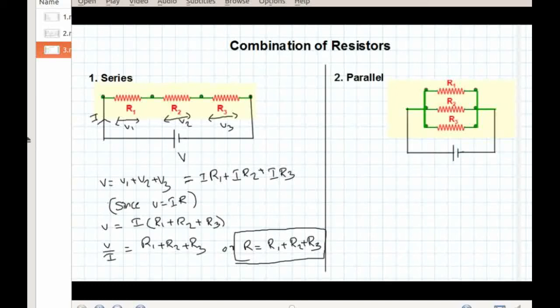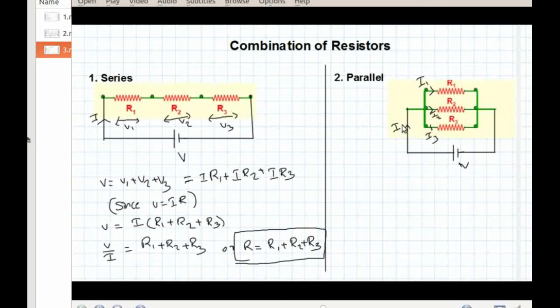Now these are connected to a cell of potential V, and current I is flowing from this cell, and when this current I reaches this junction, it will branch out as I1, I2 and I3. That is I is equal to I1 plus I2 plus I3.